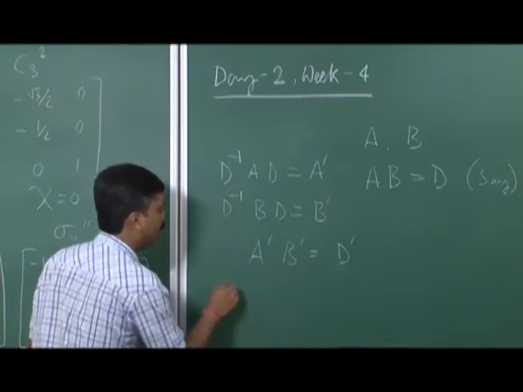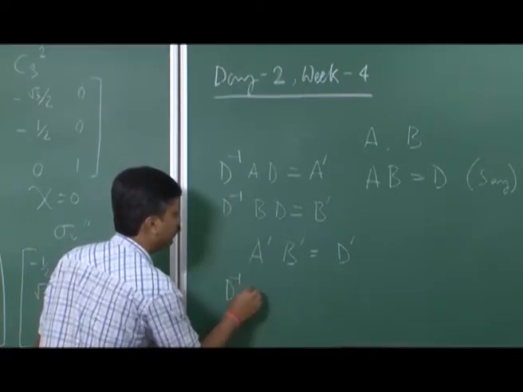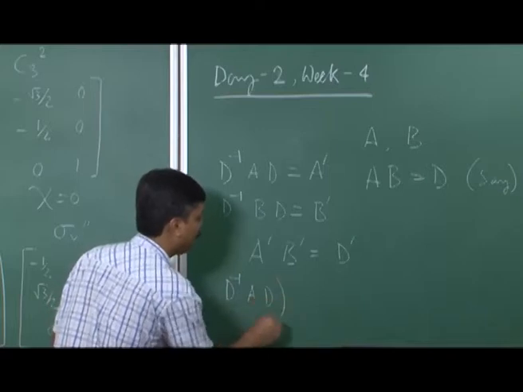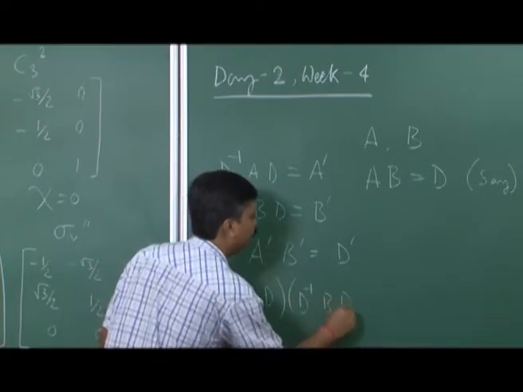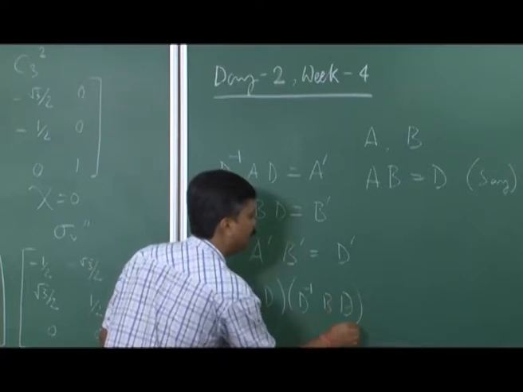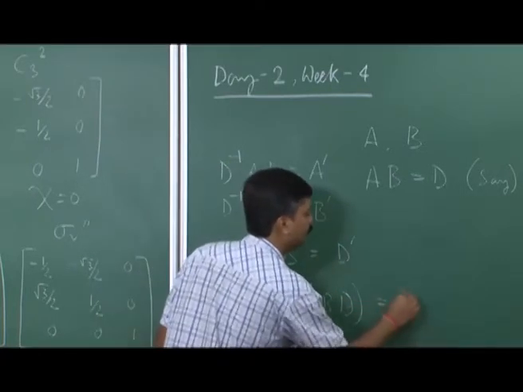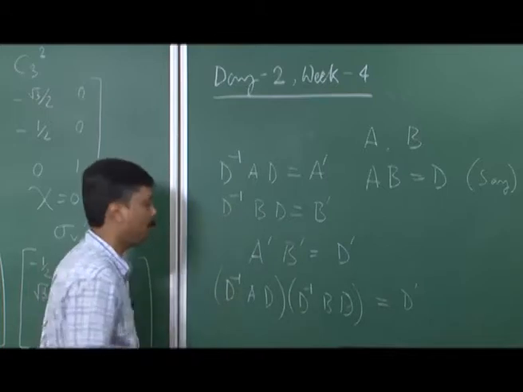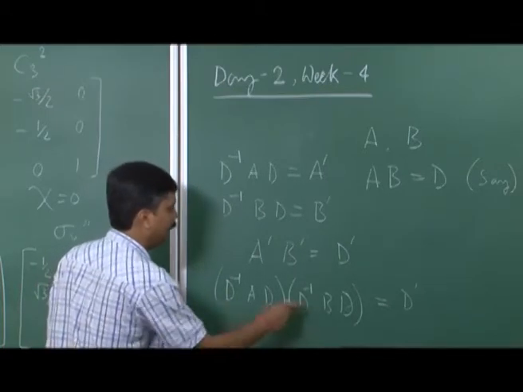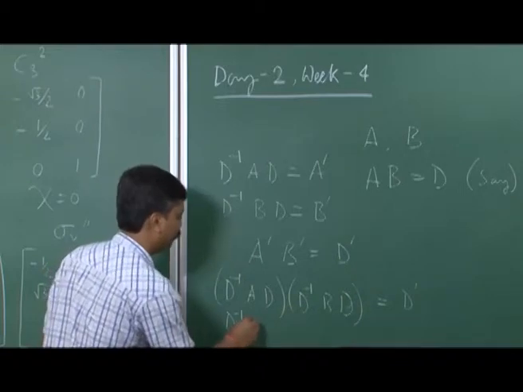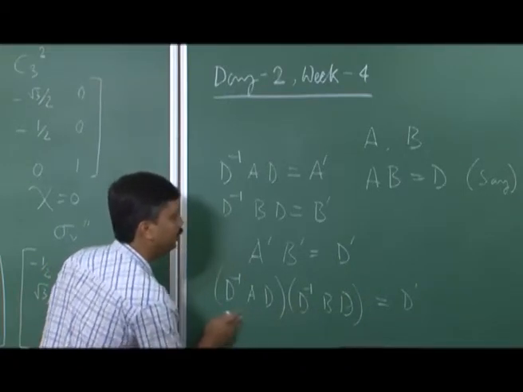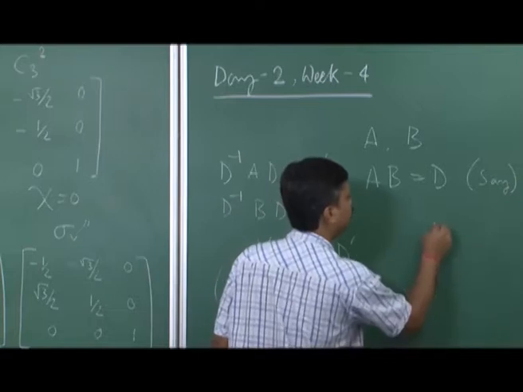So A prime B prime is D inverse A D and D inverse B D, right? That is my D prime. So this one I can rewrite as D inverse, so maybe I should write it here so that you can see.